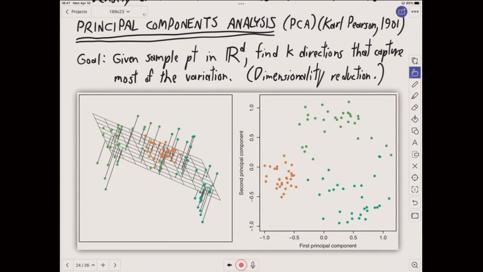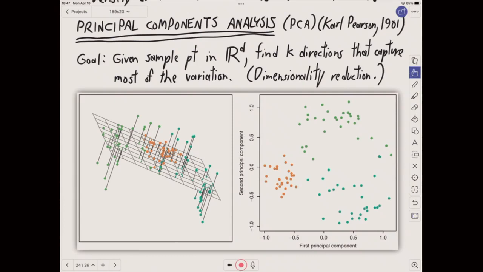And having chosen that plane, we project all the points orthogonally onto that plane. So you can see those little projection lines. They're all perpendicular to the plane that we're projecting onto. And so those points get projected down from 3 dimensions to 2 dimensions. And what we're left with is the points on the right.